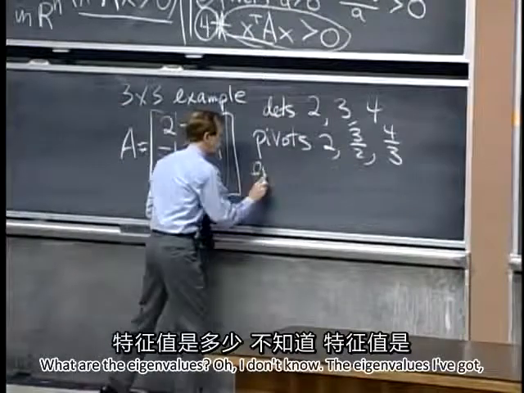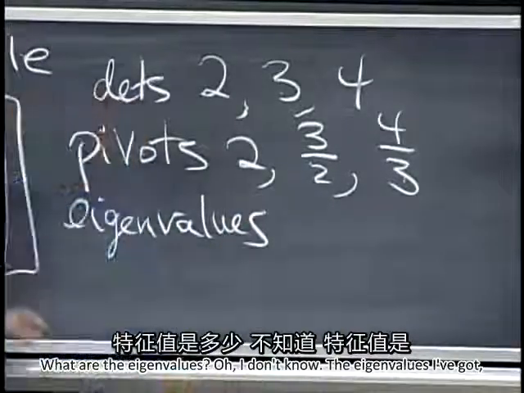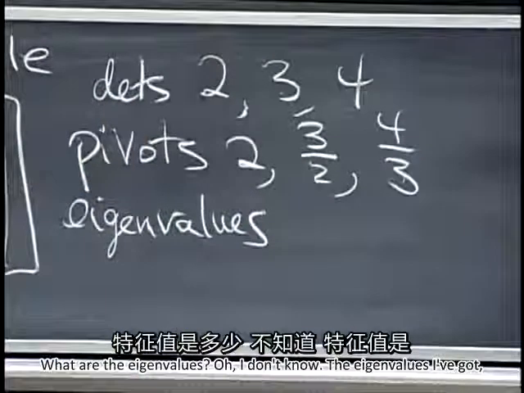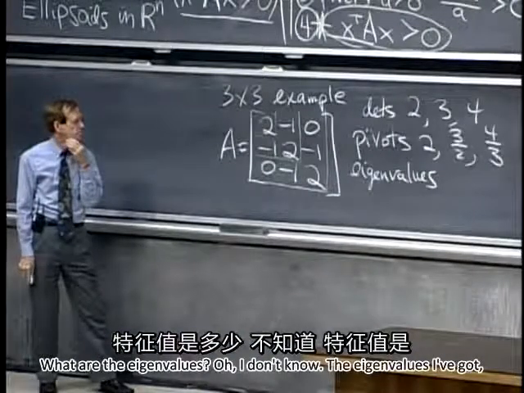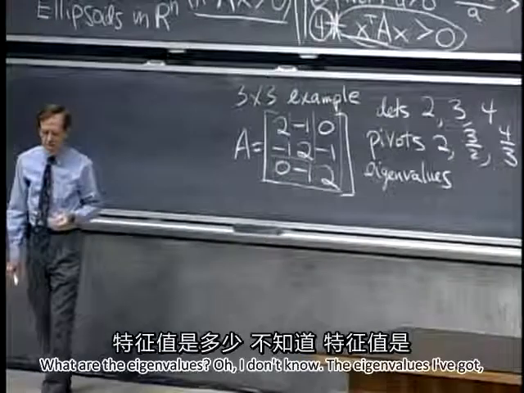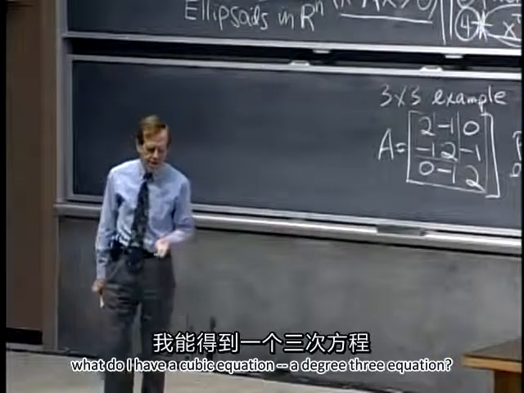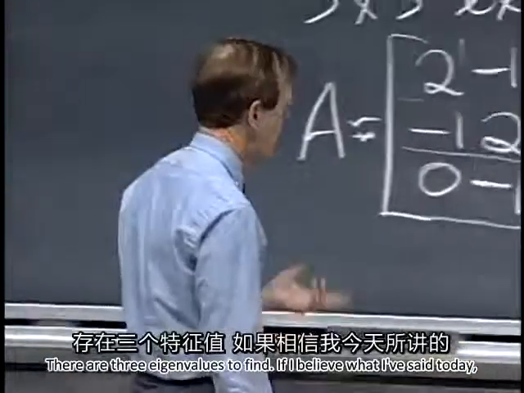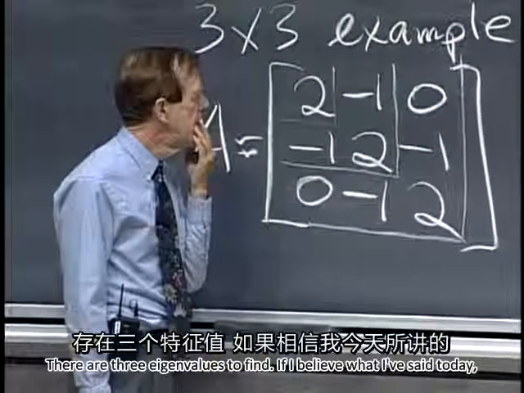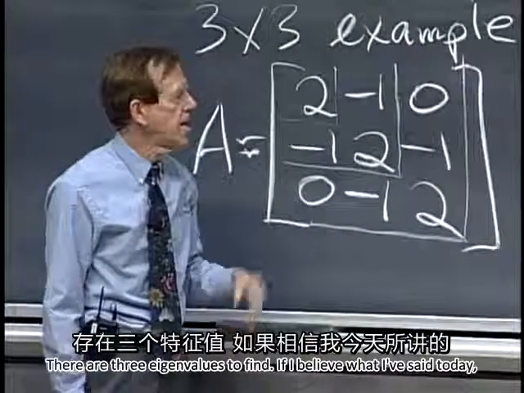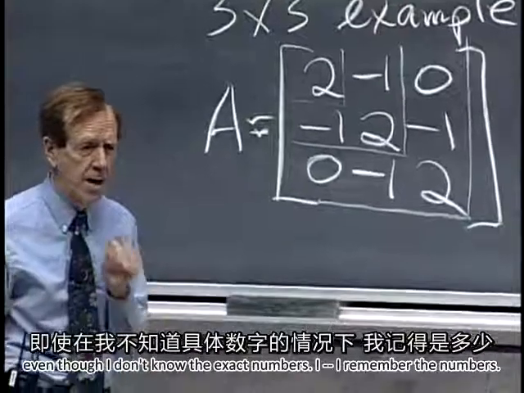What are the eigenvalues? Oh, I don't know. I've got a cubic equation, a degree 3 equation. There are 3 eigenvalues to find. If I believe what I've said today, what do I know about these eigenvalues, even though I don't know the exact numbers?